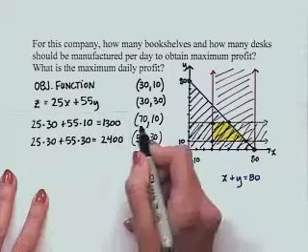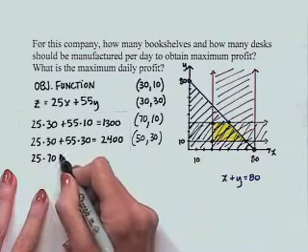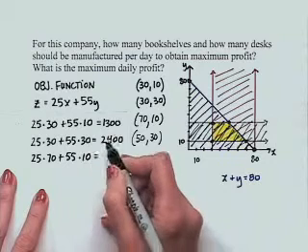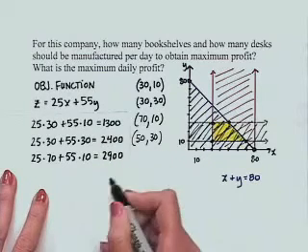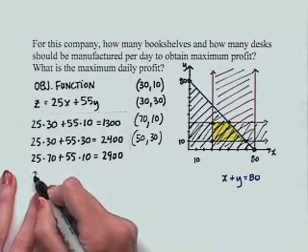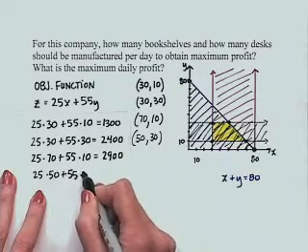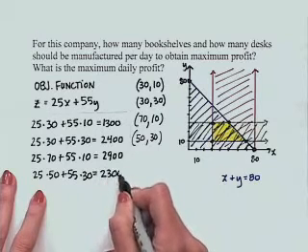We next go to 70, 10. We'd have 25 times 70 plus 55 times 10. That is going to give us a value of 2,900. And finally, 25 times 50 plus 55 times 30 is going to give us a value of 2,300.